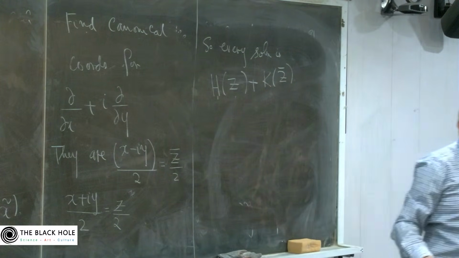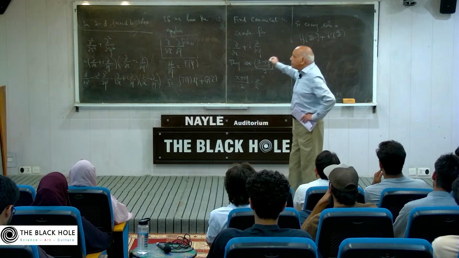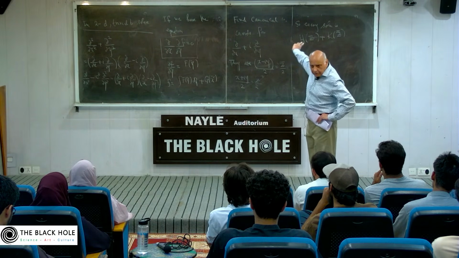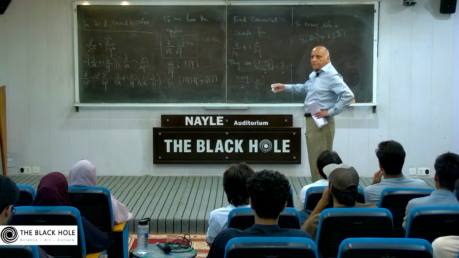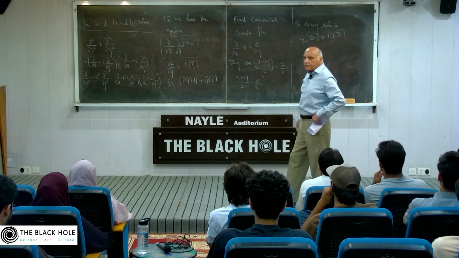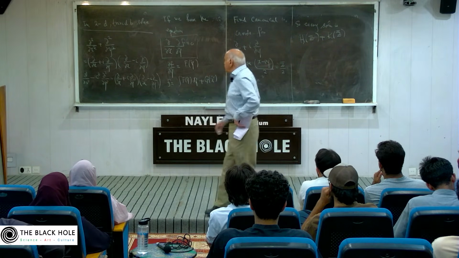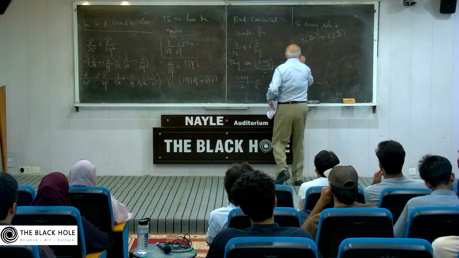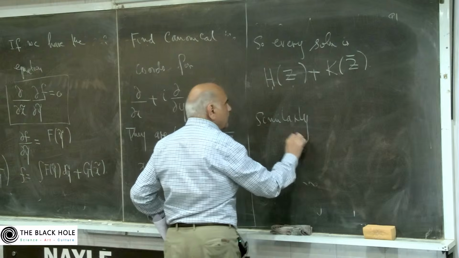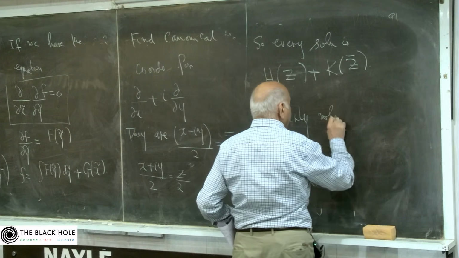So these will in general be complex solutions. If you want real, you should add to it its conjugate. So you will get a sum of a harmonic function, the real part of a complex valued function. Okay. And similarly, what are the canonical coordinates?